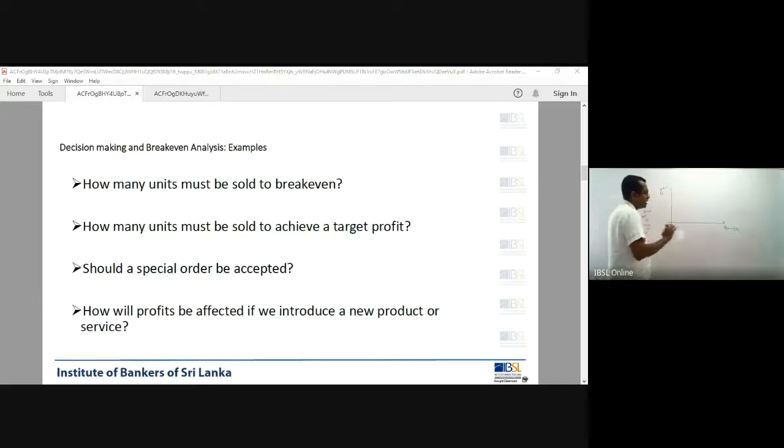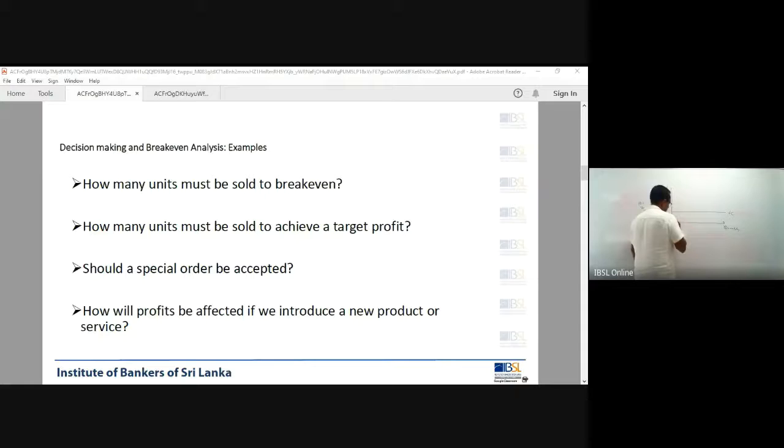So you start a business. From day one, whether you sell a quantity or not, you have a fixed cost, right? Whether you sell or not, you have this fixed cost. Then you start producing.